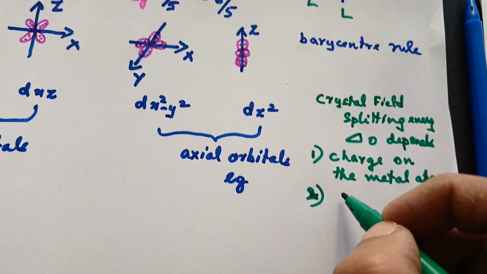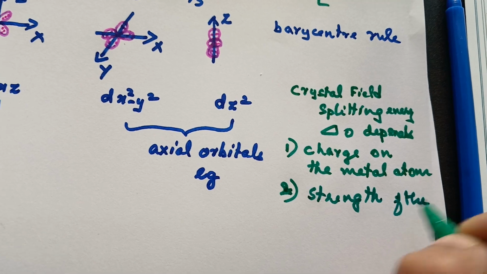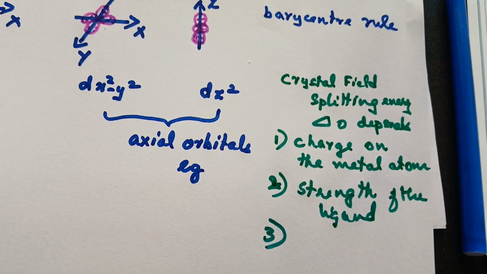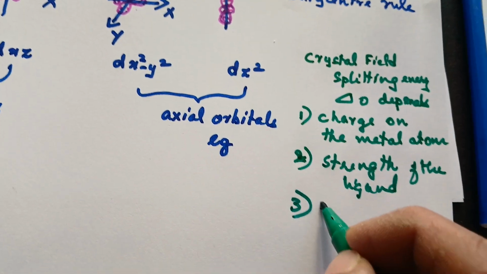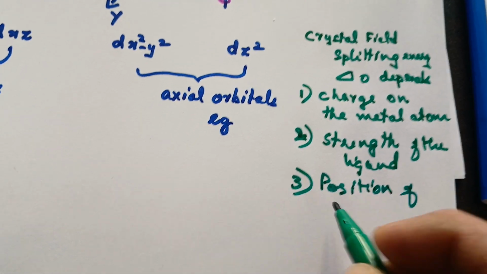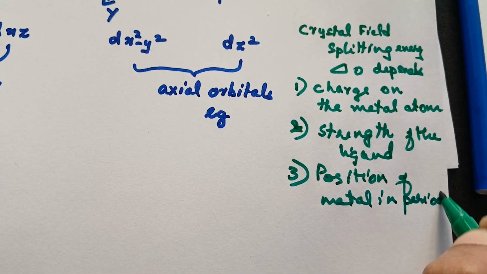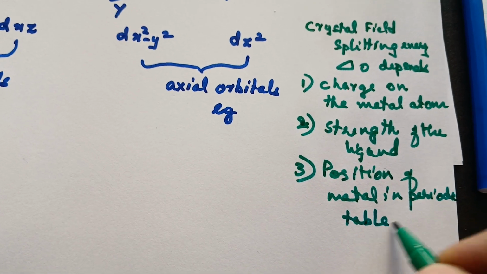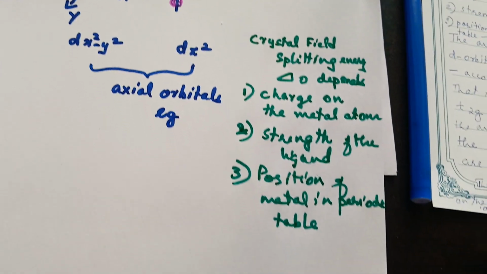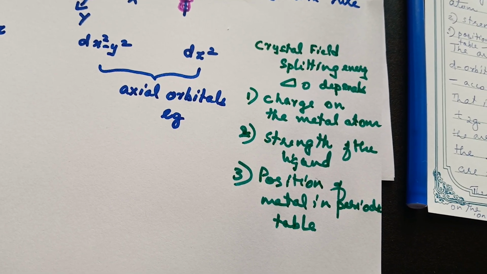Then the second one is the strength of the ligand. And the third is the position of the metal in the periodic table. If it is occupying a lower position, towards the bottom of the group, it will have a larger size and more diffuse d orbitals.